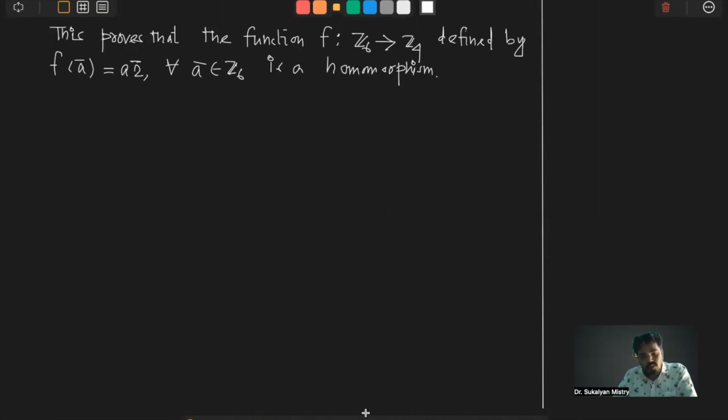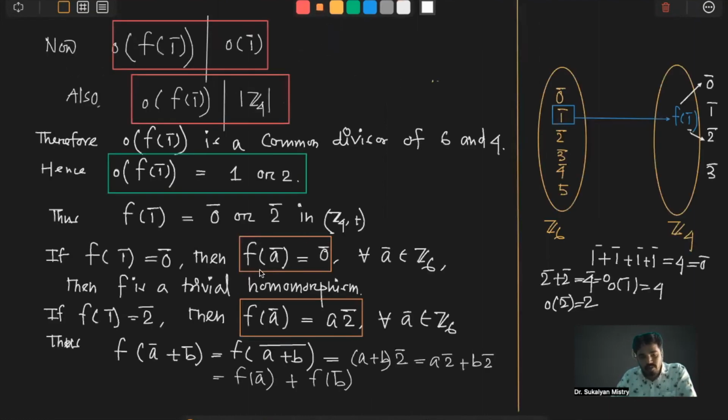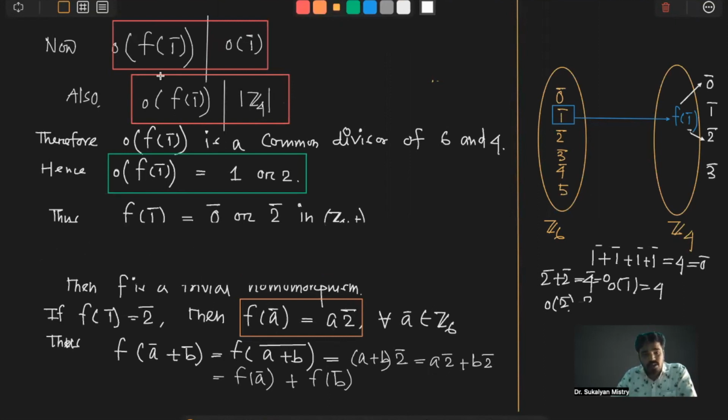So we get two homomorphisms. One is the trivial homomorphism and another is f of a bar is equal to a 2 bar.